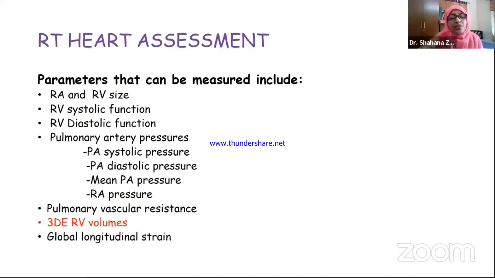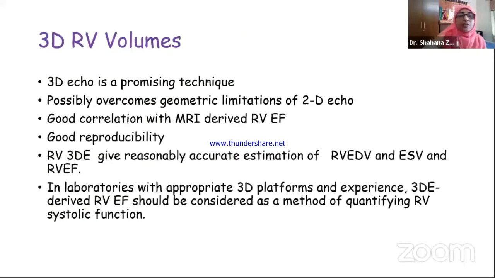Now, 3D RV volumes. 3D echo is a promising technique. It possibly overcomes the geometric limitation of 2D echo. It has a good correlation with MRI right ventricular ejection fraction and good reproducibility. 3D echo gives a reasonably accurate estimation of right ventricular end diastolic volume, end systolic volume, and right ventricular ejection fraction.